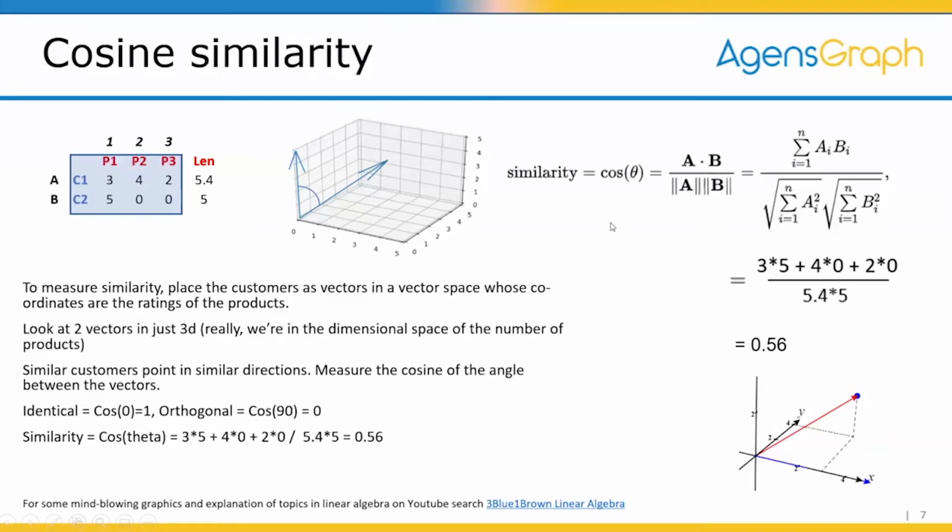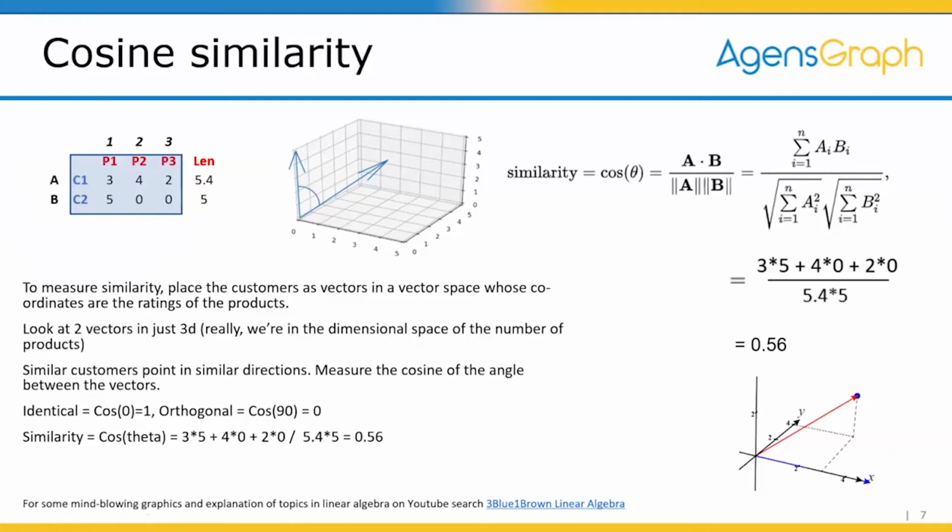And now maybe we remember from our trigonometry days at school, the cosine of 0 is 1. So the cos of the 0 angle is 1, and the cosine of angles that are orthogonal, like 90, is 0. So if these two customers are pointing in vastly different directions in this vector space, then I'm going to return something close to 0 to reflect the fact that they're different.